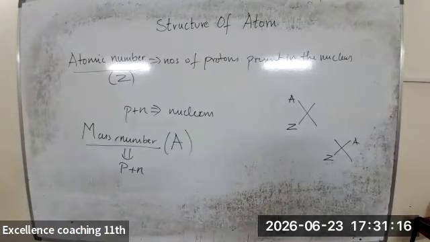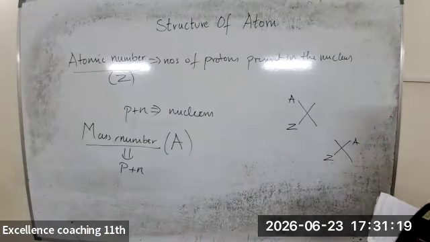The first one: calculate the number of protons, neutrons, and electrons in bromine.